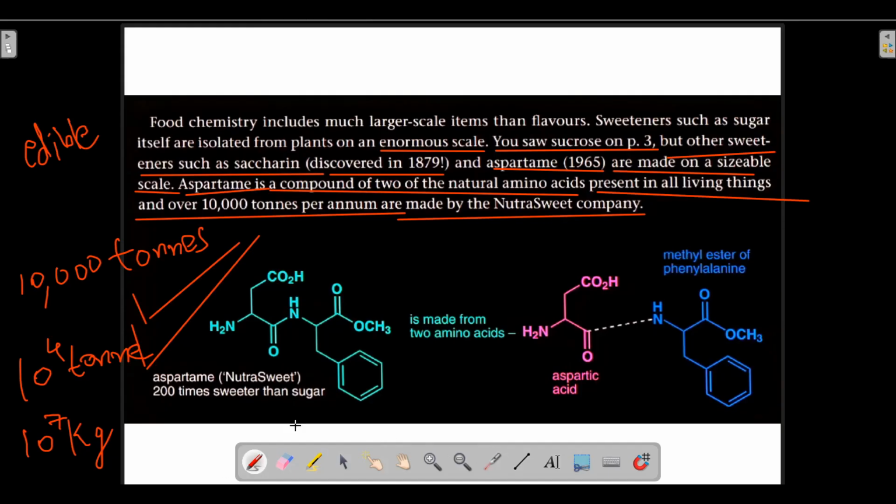This data is from 2012. The book is written in 2012, so the latest data is not available with us.